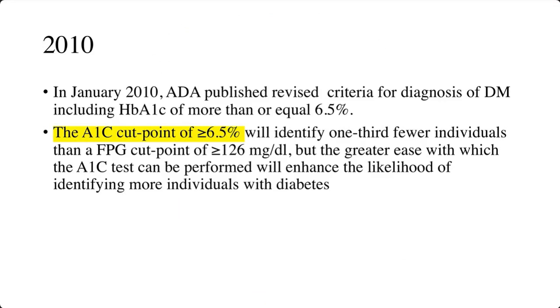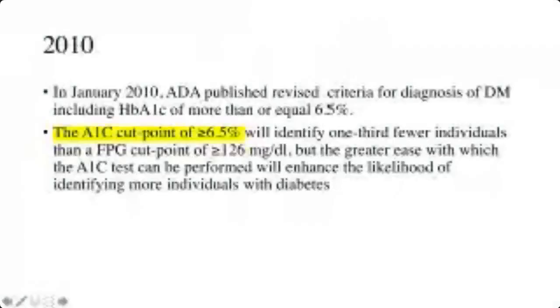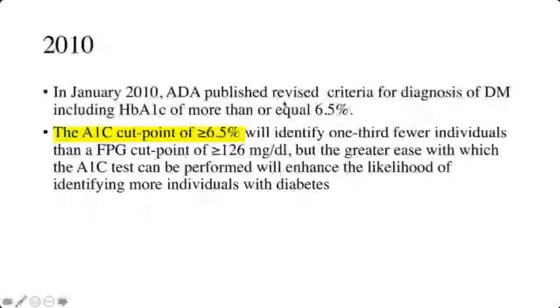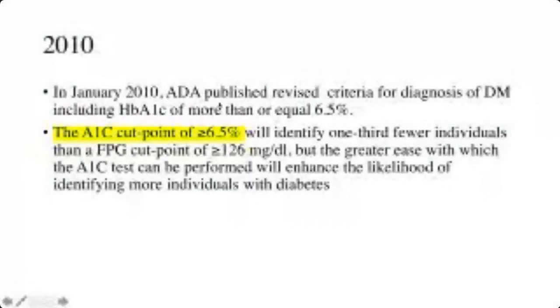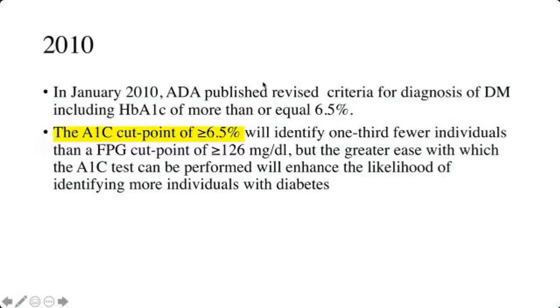In 2010, there was a new era, also by the American Diabetes Association, where they added a new criterion for diagnosis of diabetes. They used the cutoff value of hemoglobin A1C of equal or more than 6.5 as a diagnostic criterion for diabetes.